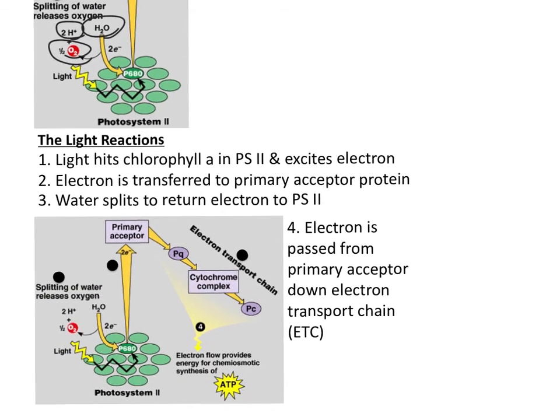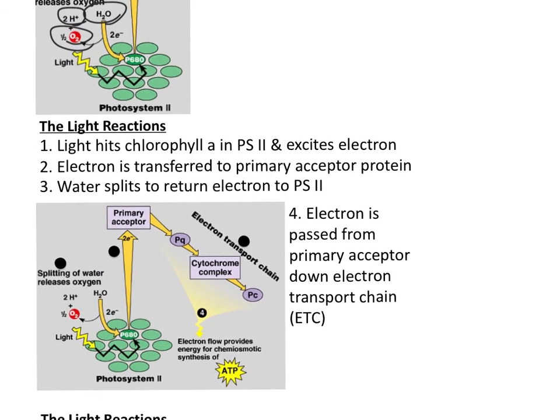That primary acceptor then passes the electron down the electron transport chain. During that process of passing the electron, a small amount of energy is lost from the electron. That is used to pump the hydrogen ions across the membrane. It is the same process that we saw with cellular respiration.